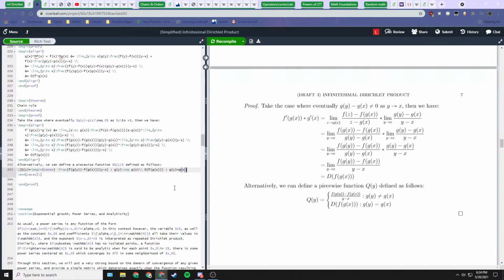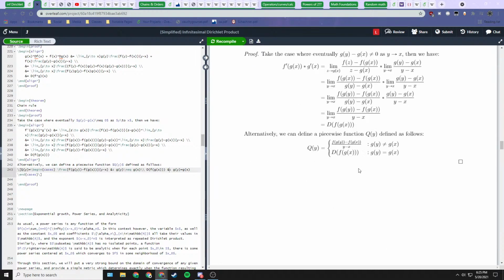If we do it this way, what we're going to show is that eventually q of y, this function, is always equal to this difference quotient.